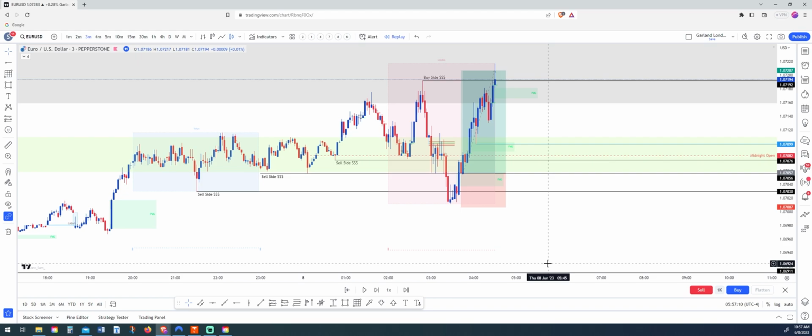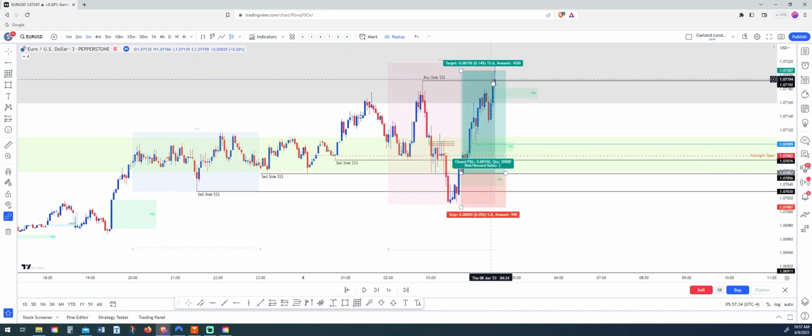On that, so that would have been the ideal way to manage that trade, scaling up through the time frames, jumping in on the first fair value gap that you see and riding that through to the buy side at the top. So again, we had a failure to displace above these highs, meaning that our draw was on the lows. We've had a failure to displace lower, meaning that our draws are back on the high.